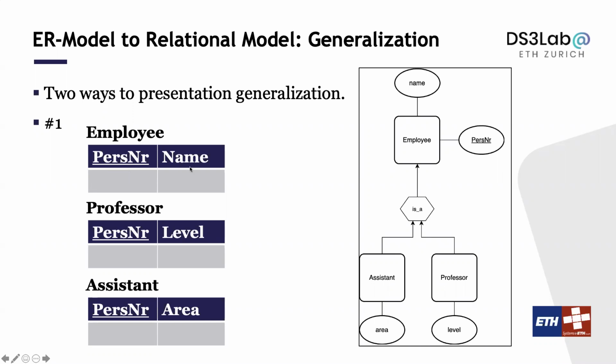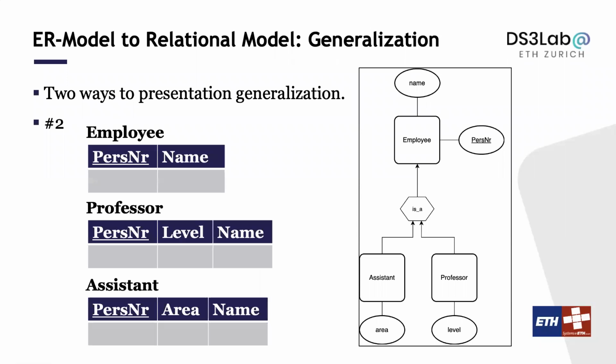For every single employee, may it be an assistant or a professor, we don't care, you put them all together into the employee relation with their name. Then you have one relation professor, which contains a subset of employees, and you only store the level, the attribute that is unique to a professor in this example. And you have another relation, assistant. Again, you store a subset of employees, and then you put their area, the attribute that is unique to assistant. So this is one way for you to model this.